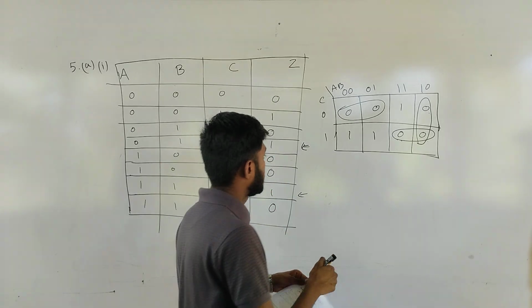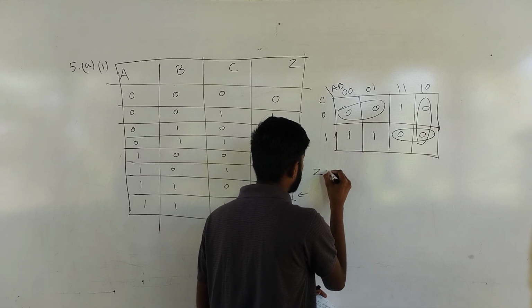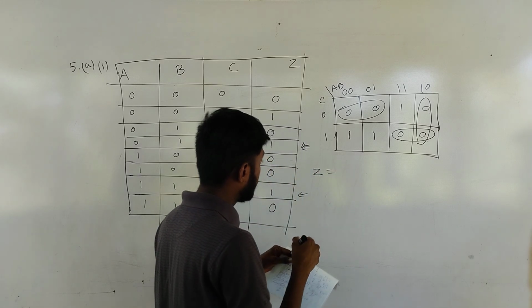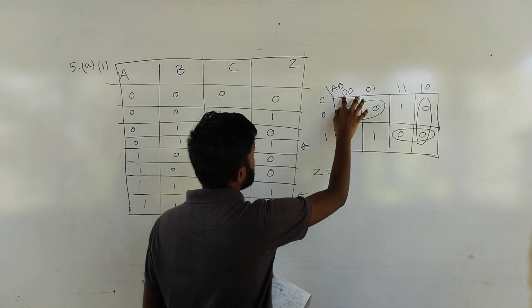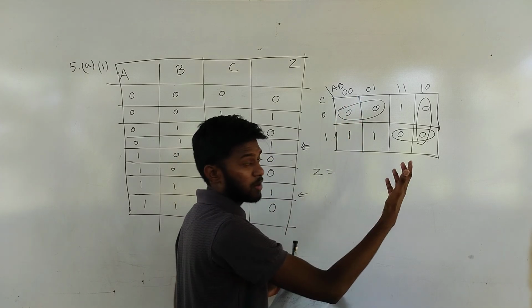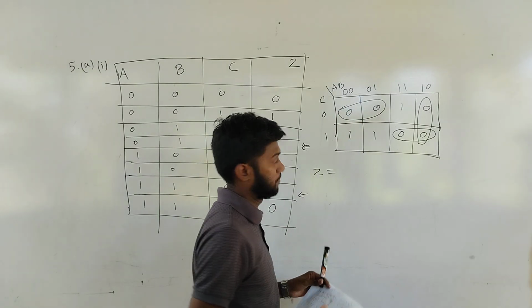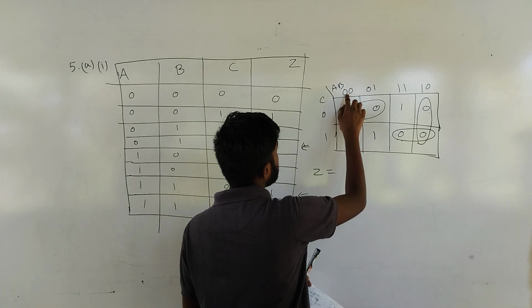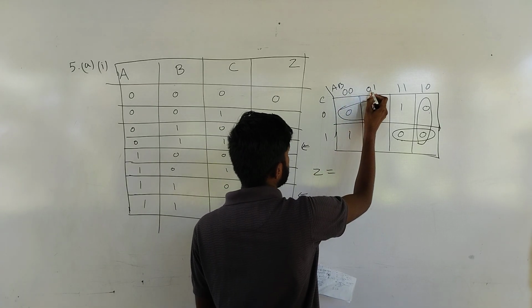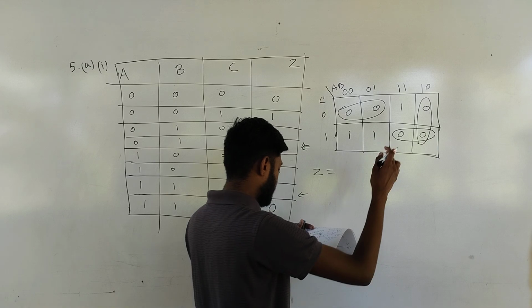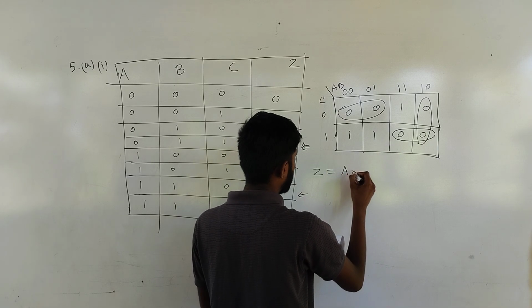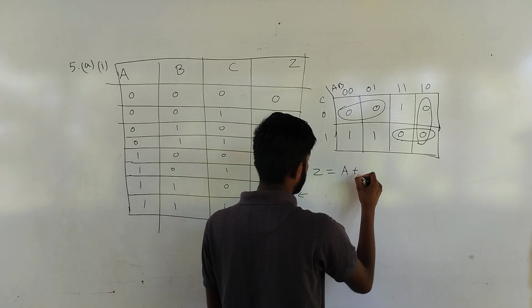Now let us see. So Z is equal to, now look here, which is not changing. Our focus is 0, because we are using the product of sum. So here you have 0, here you have 0. It is not changing, so take that, here you will be getting A. When it comes to product of sum, you need to get plus here.